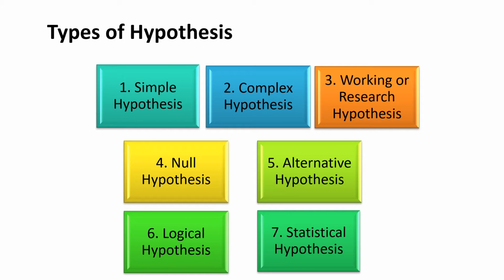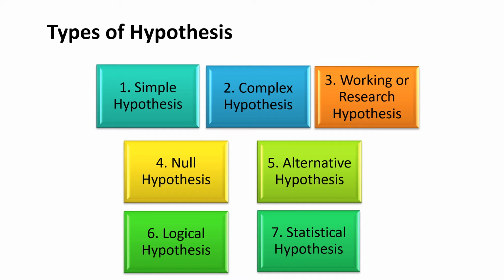A simple hypothesis is a hypothesis that reflects the relationship between independent and dependent variable. For example, higher the poverty in a society, higher would be the rate of crimes.